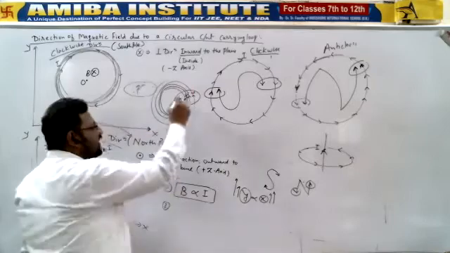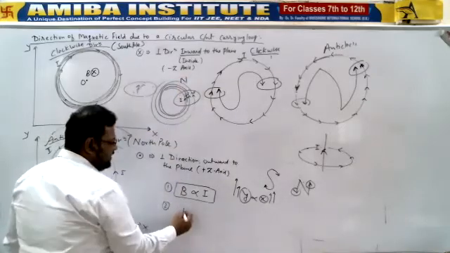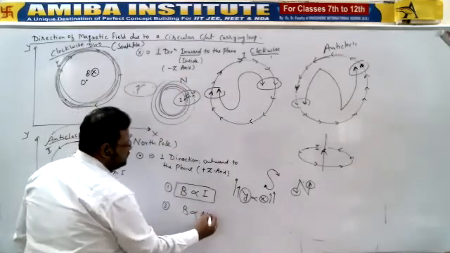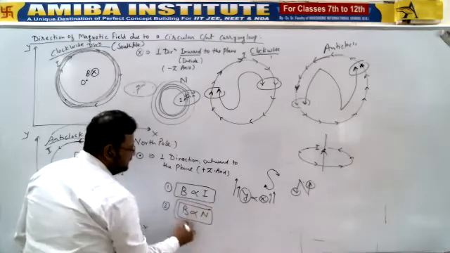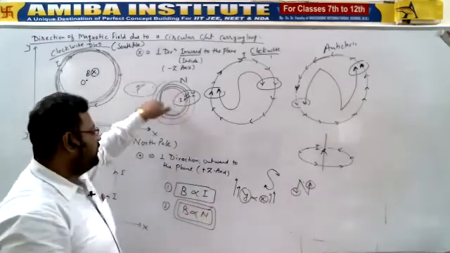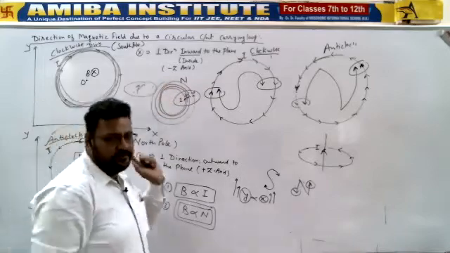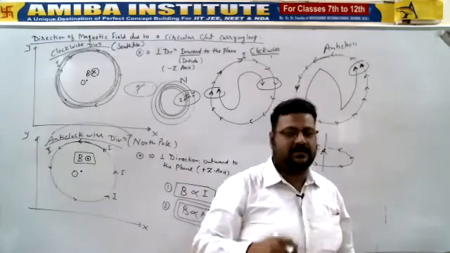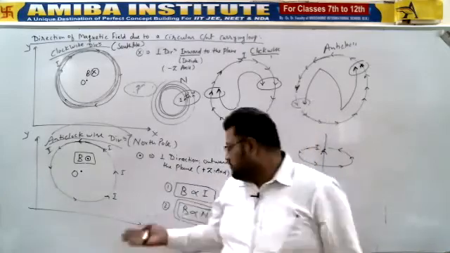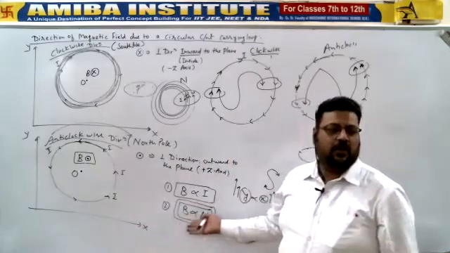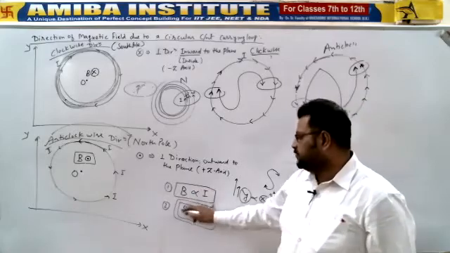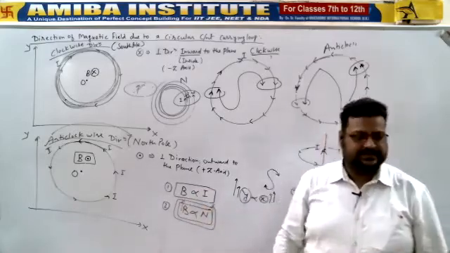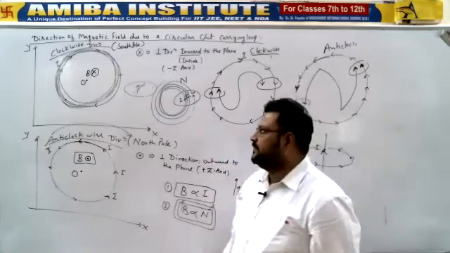So we can say if there are n turns, then B directly depends on the number of turns or winding of this wire. So if so many turns are there in circular pattern, the magnitude of magnetic field will also increase with the number of turns. Getting this? Okay. So this was the second parameter.